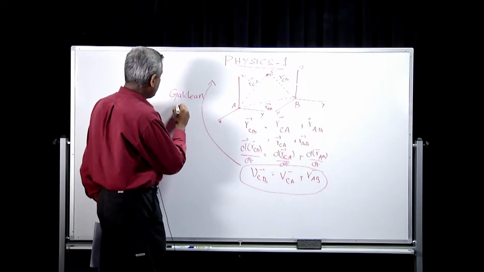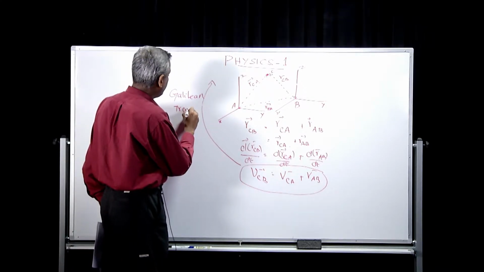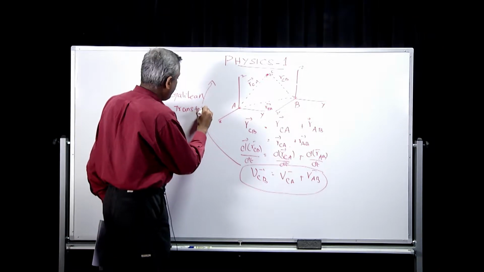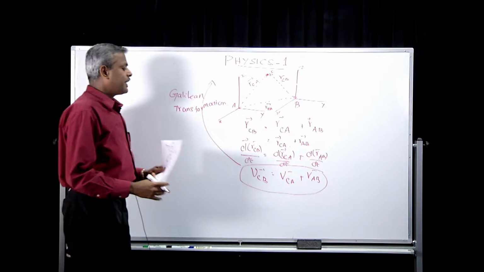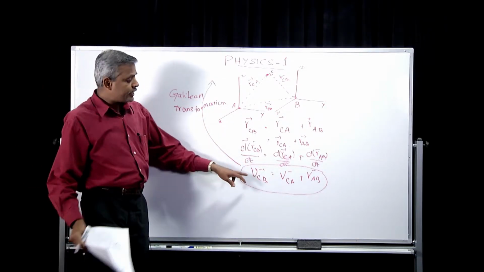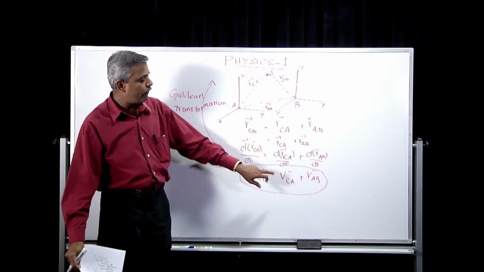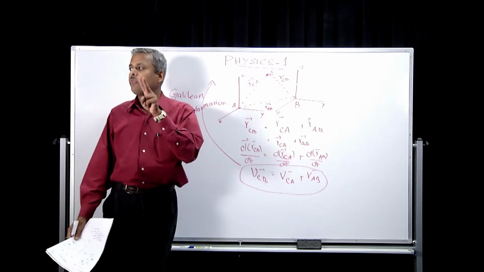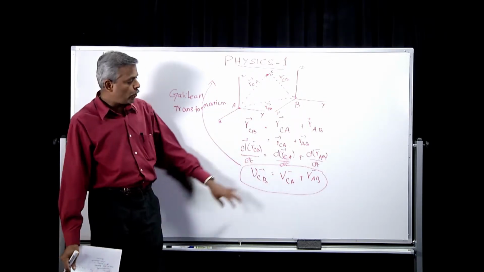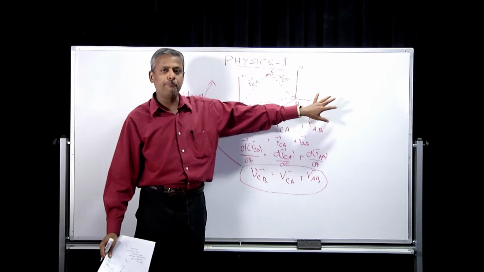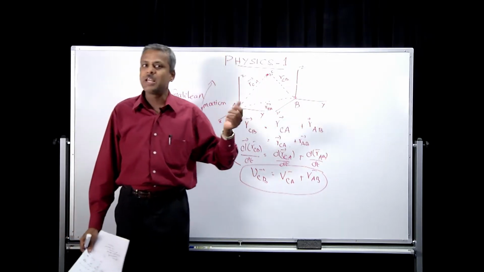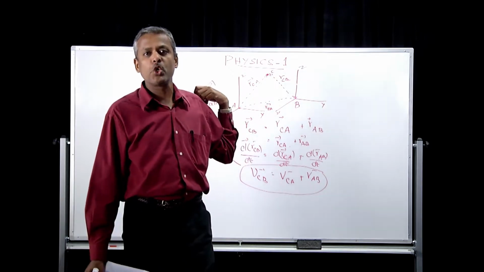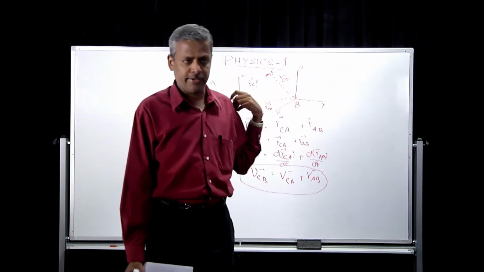So, this transformation is called Galilean transformation. The Galilean transformation is a relationship of velocities in two different frames of reference. You have frame A and frame B, you find the velocity of an object between the two frames, then that is the so-called Galilean transformation, right.